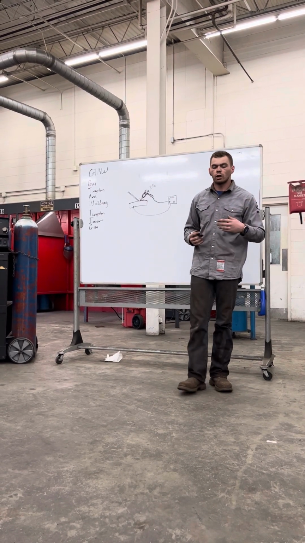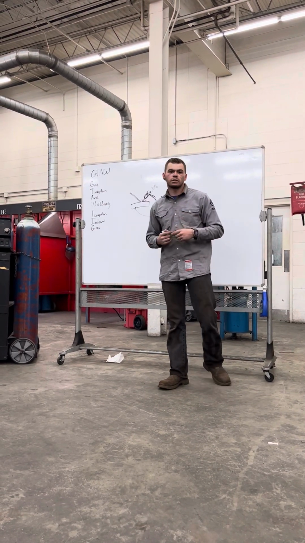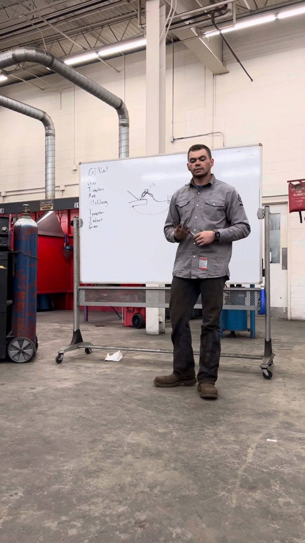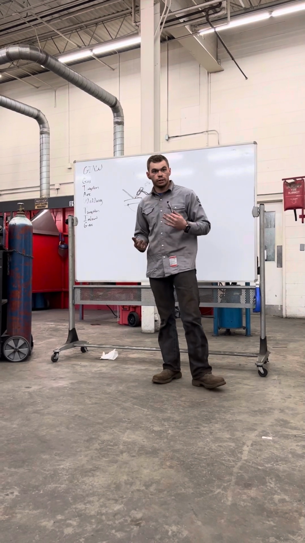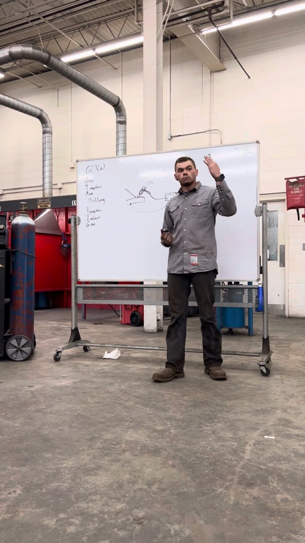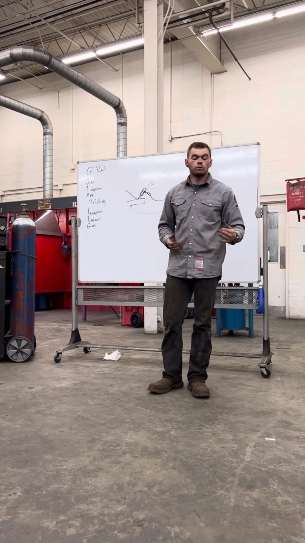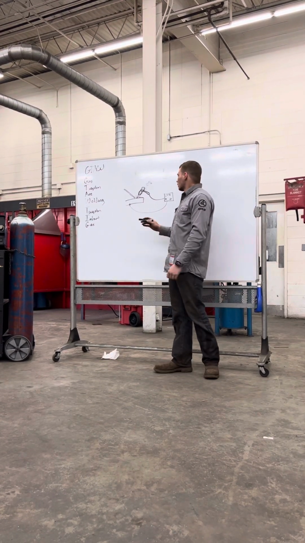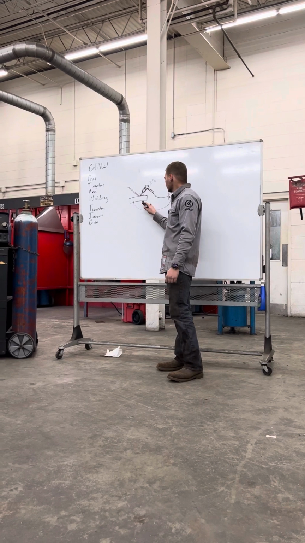So when you're wanting to burn hotter, you have thicker material, you use helium. When you're using everyday things like Schedule 40 pipe, like we use in here every day, A36 carbon steel, you're going to use 100% argon.